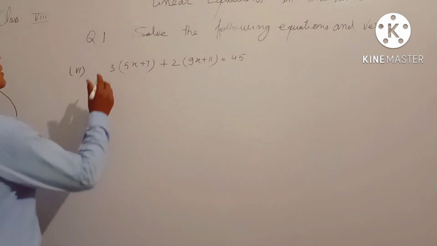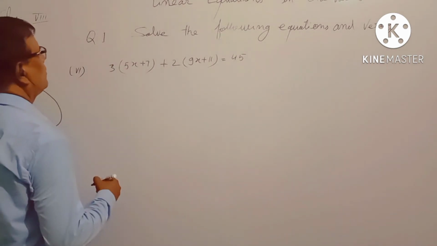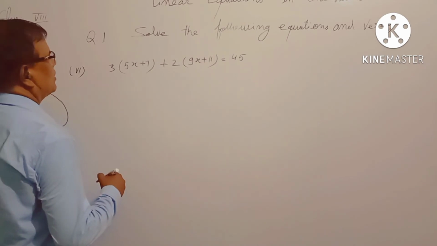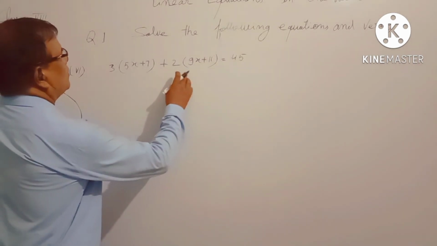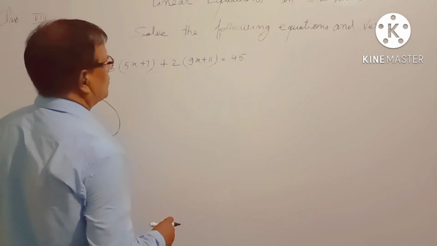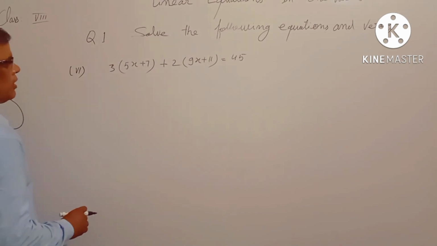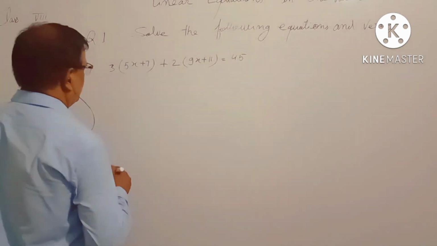Question number 6. As it is written here, 3 into bracket 5x plus 7, now 2 into bracket 9x plus 11 equal to 45. First we find the value of x and then we verify.